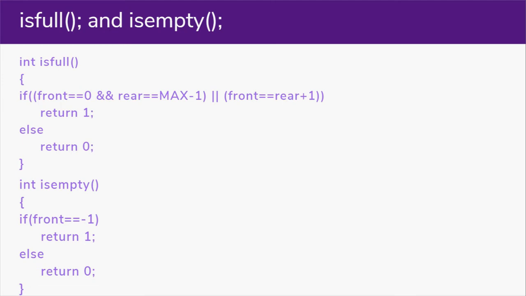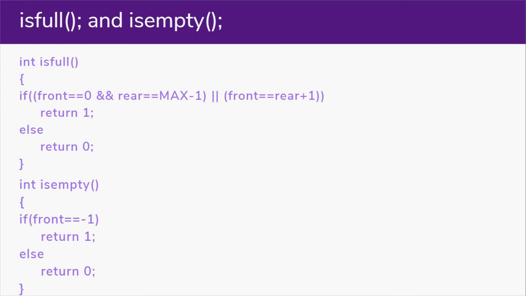So let's see int is full. In this we are going to check the condition for full. First condition for full is front equals 0 and rear equals max minus 1. That is, our front is at 0, and after repeatedly performing insertion operations, our rear has reached max minus 1. So this condition is for our full condition.